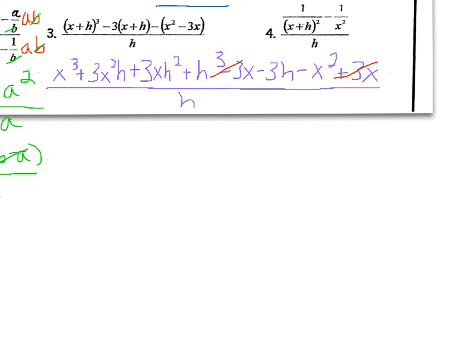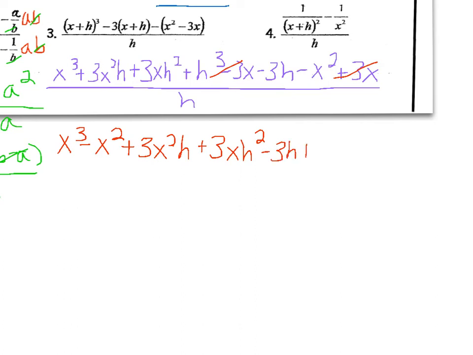So we have x cubed minus x squared plus 3x squared h plus 3xh squared plus h cubed, minus 3h plus h cubed all over h.